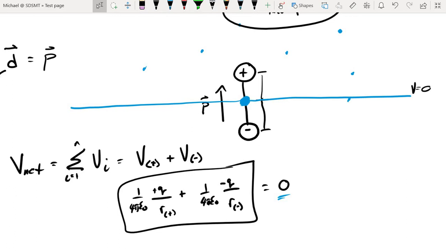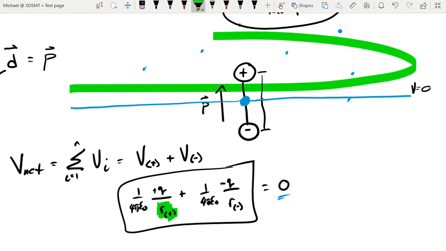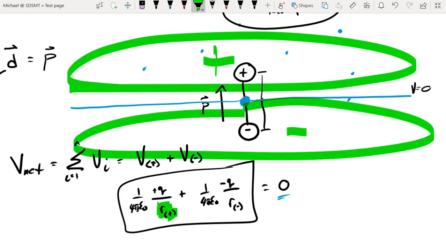And because the positive charge is closer, the ratio of charge to separation distance for the positive charge is going to come out to be a larger number, and so everything above that blue line is going to end up with positive electric potential, and everything below the line will have negative electric potential.